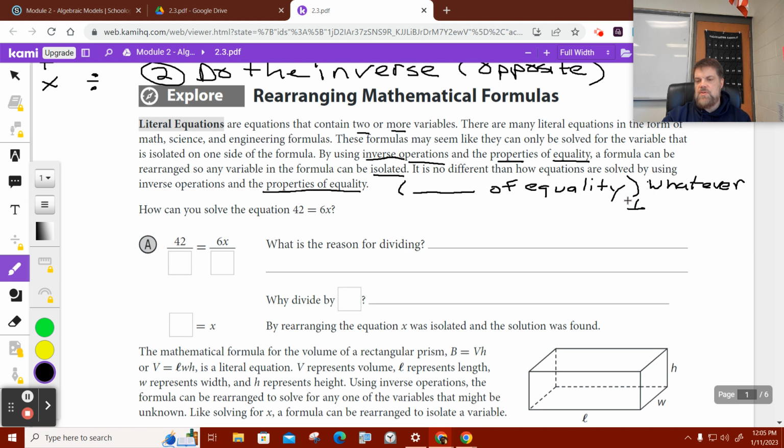Whatever I do on one side of the equal sign, I do on the other side.